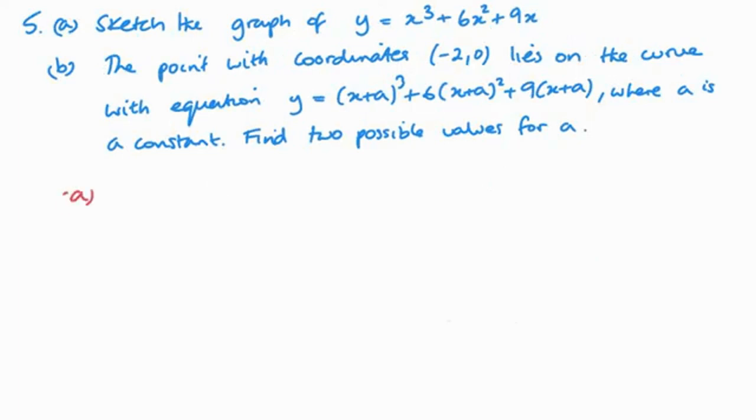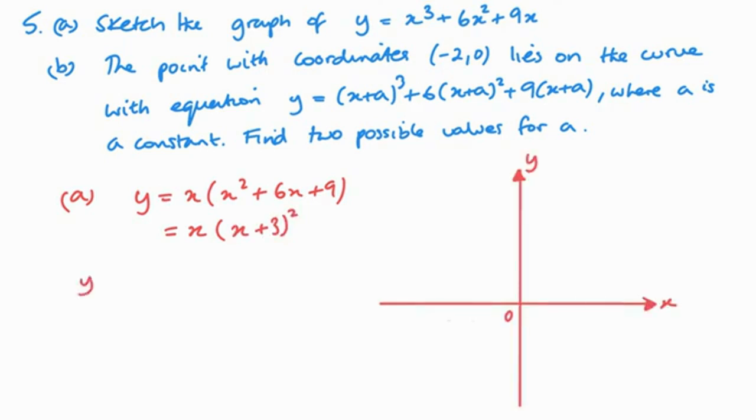So to sketch this, I first need to factorize out an x, and then I need to factorize this quadratic part, so this is x plus 3 squared. So when y equals 0, I know that x is going to equal 0 and x is equal to negative 3 twice, so it's going to hit that and bounce off it.